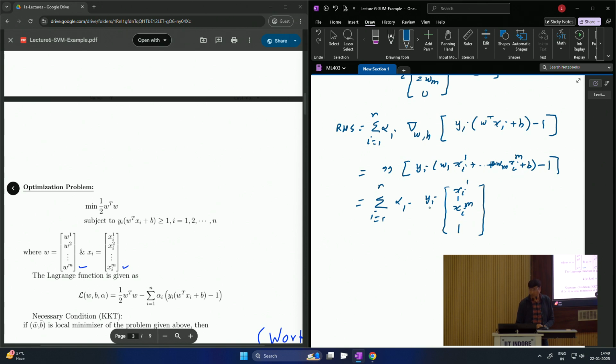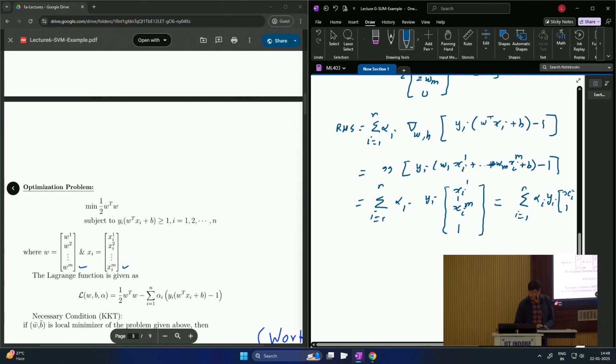I'll just get 1. Y is anyways in front. B is just a scalar. And with respect to 1, nothing will happen. So this will be equal to summation of i going from 1 through n, alpha i, yi, xi and 1.